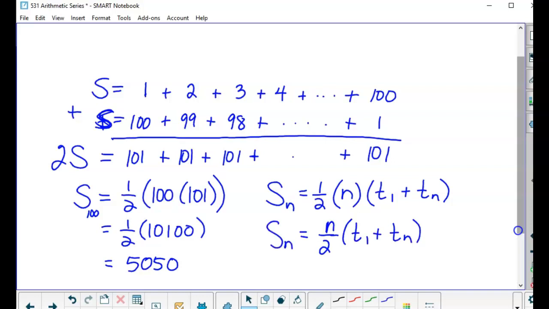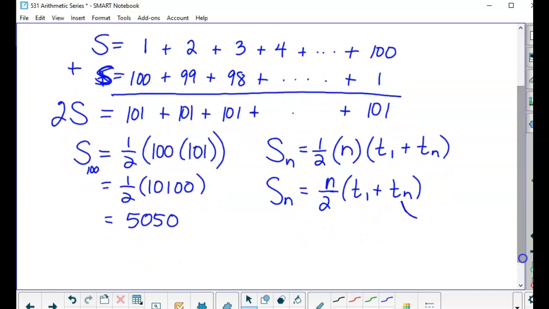That's the sum of n terms of an arithmetic series. One version of it. Another version, because it's arithmetic, right? We already know that Tn is T1 plus n minus 1 times the common difference.